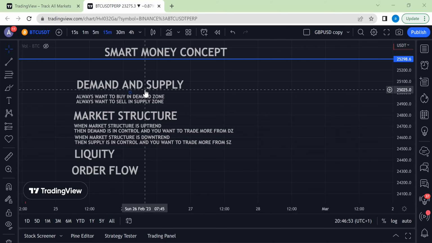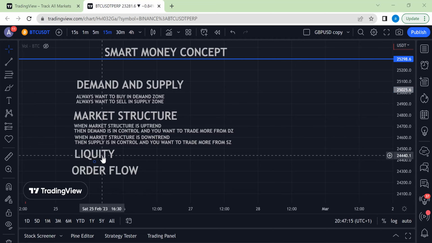Then after you have understood demand and supply, you know how to refine demand and supply, you understand the concept of order blocks, breaker blocks. After you have understood those, you know that okay, this is where price will be, and you start looking for entry. We will now move to liquidity.